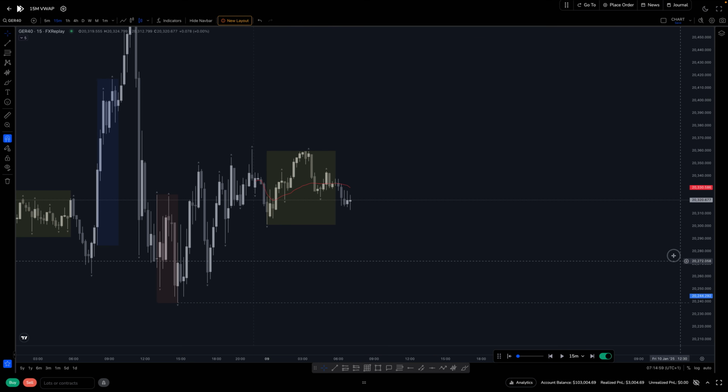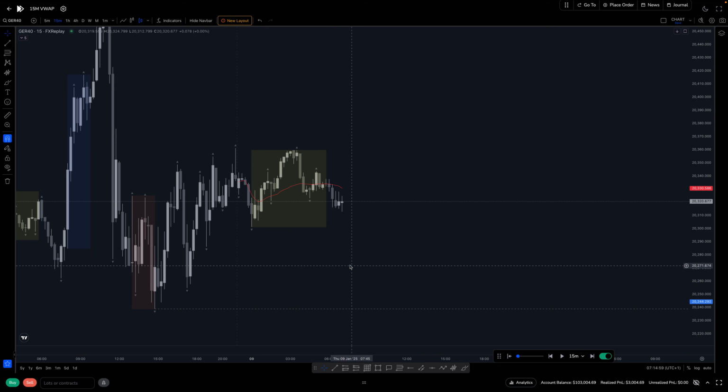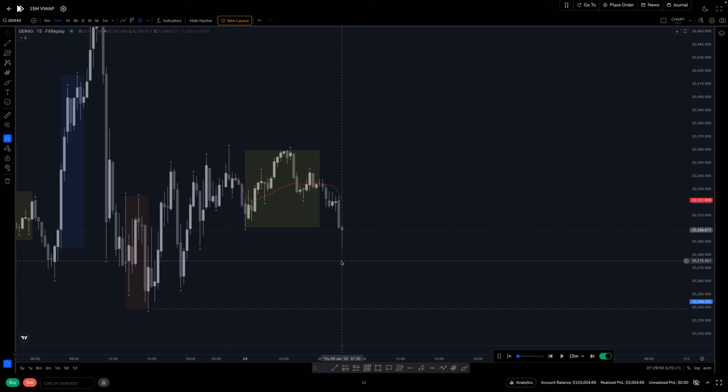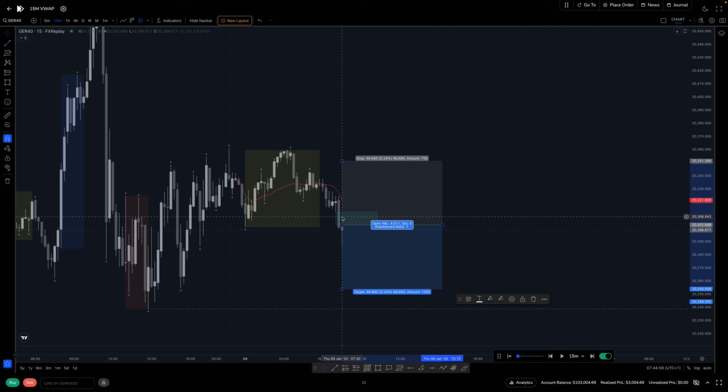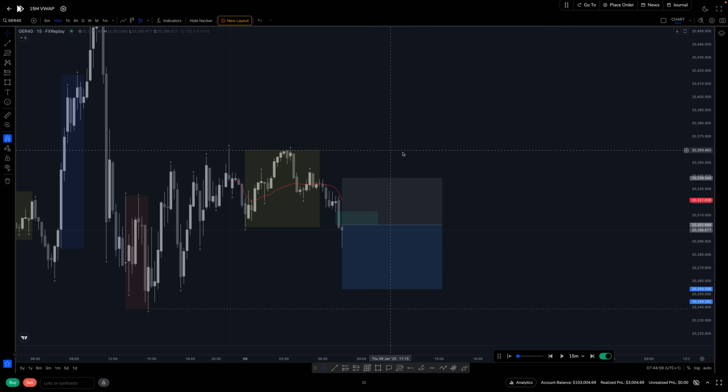But this is just how simple trading can be. You don't need something super complicated, especially to be trading prop firms. So during our session, we've got our fair value gap. We're below the VWAP, and I will put my stop loss right above here. We've got this minor swing high, a swing high here, and we're also above our VWAP.